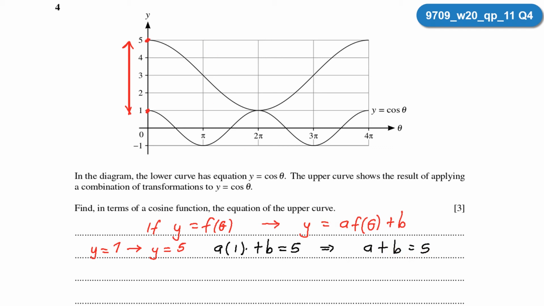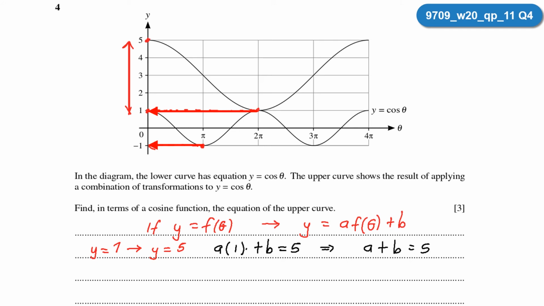Again, you can see that another point that we can take is the first lower peak of the graph of cos theta, at minus 1, which is being transformed onto the first lower peak of the other graph, which has a y value of 1.